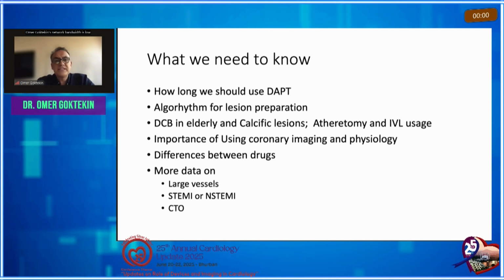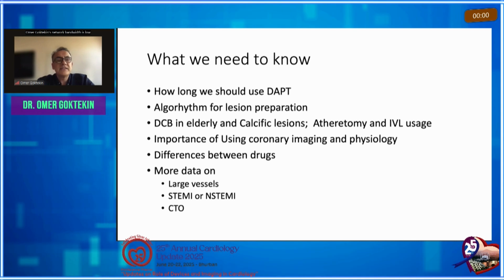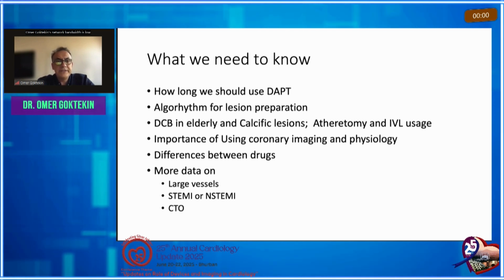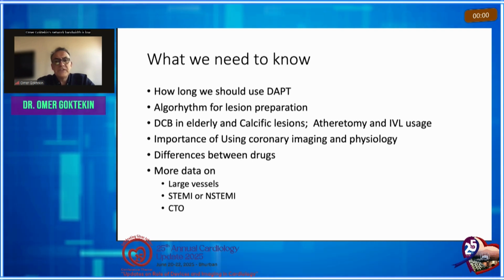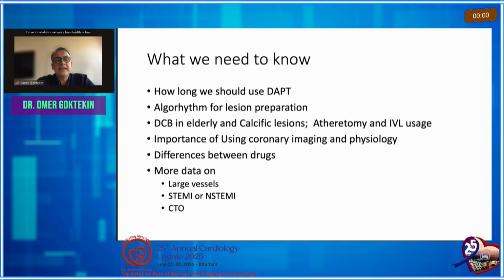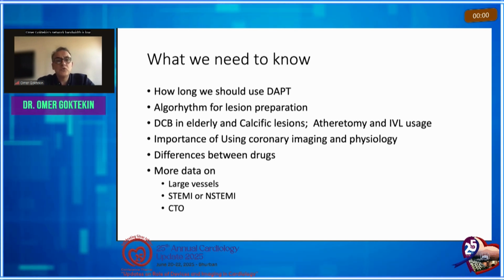But I like to use DCB in calcified lesions because in calcified lesions, I think the result is worse with DS. And also, we should think about the importance of IVUS or physiology. So far, we do our DCB practice mostly without using IVUS.